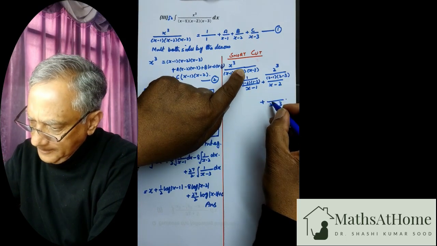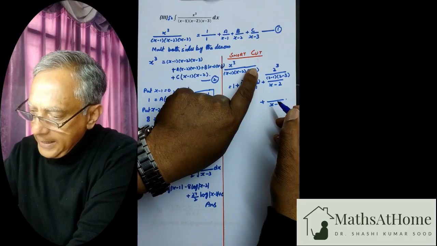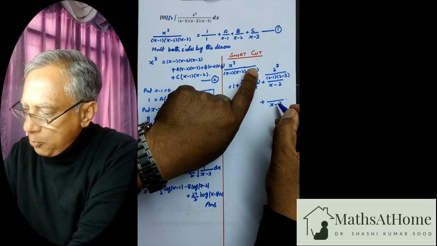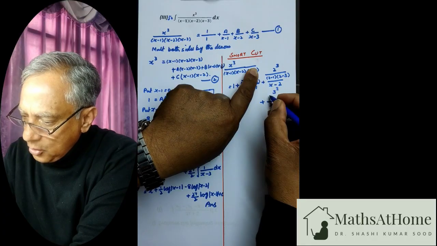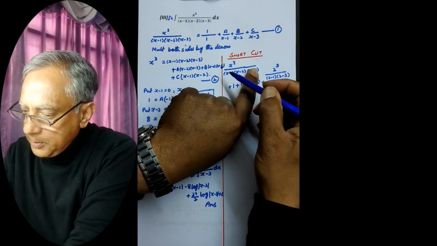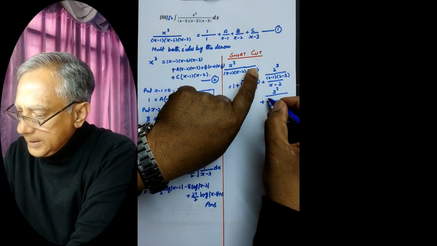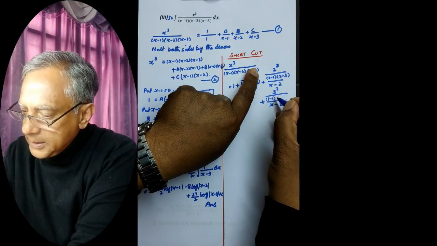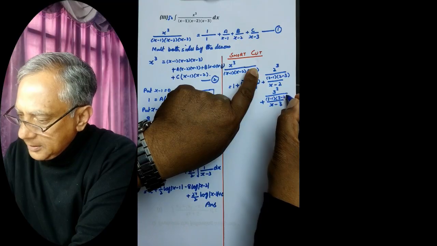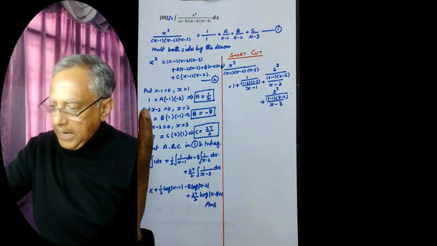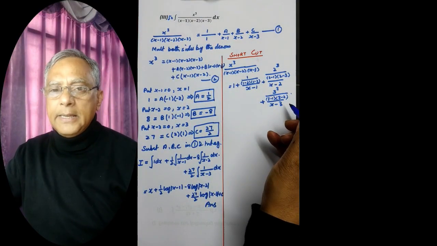And for this, we hide x minus 3 and put x equal to 3 in the rest. So this will be 3 cube divided by (3 minus 1) into (3 minus 2). So we get all these constants in a single step.